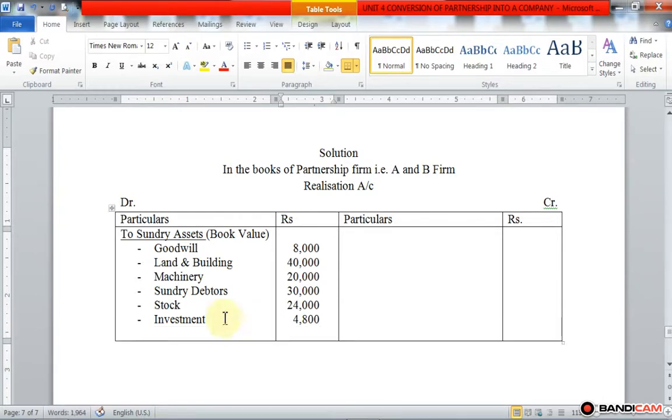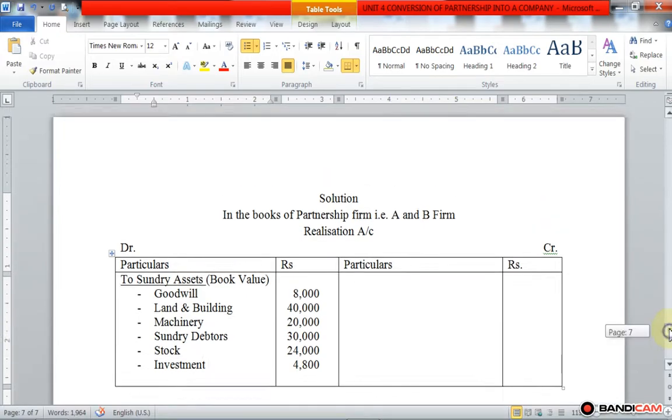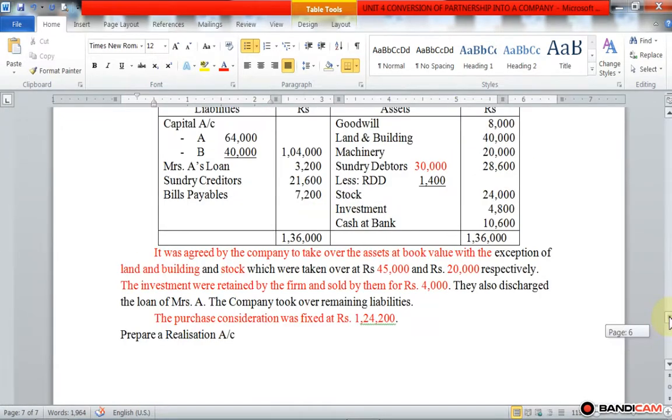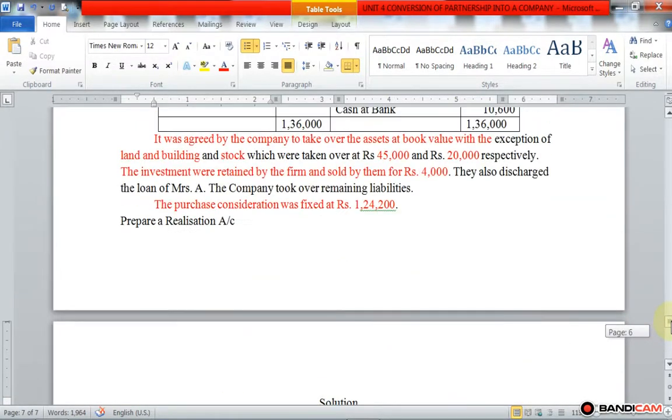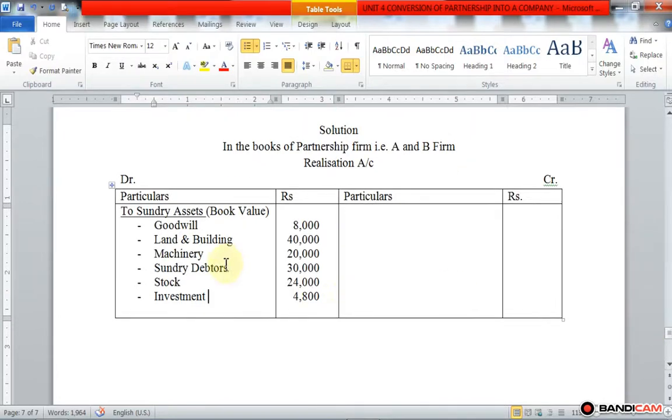Then the next is cash at bank, 10,600. So here we transfer the cash balance, cash at bank, that is 10,600. So here we transfer all the assets to the realization account at book value.